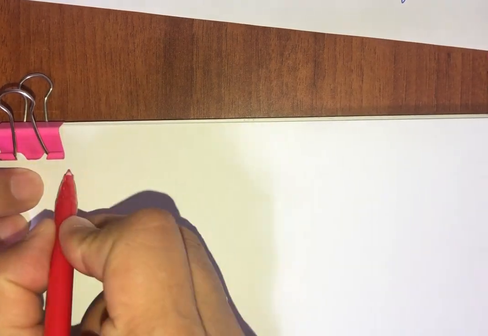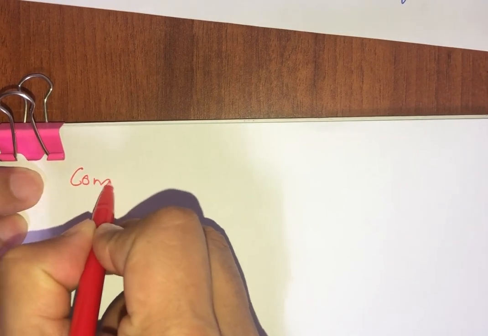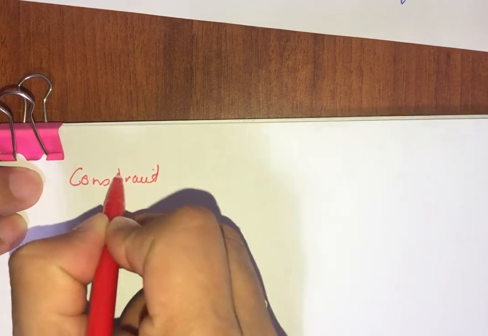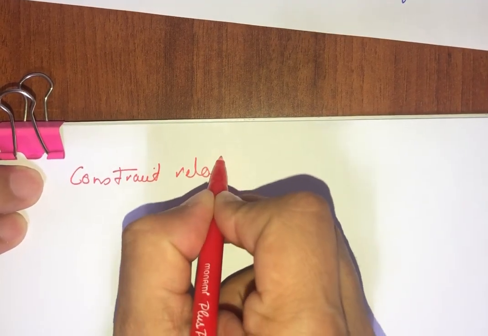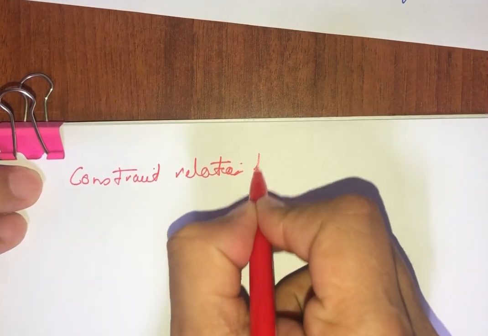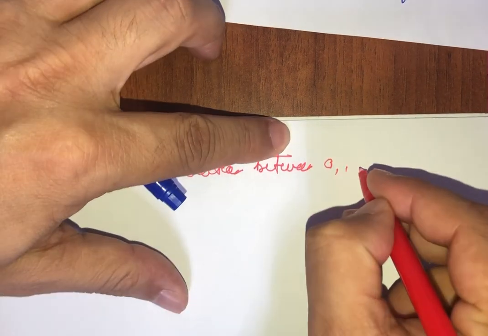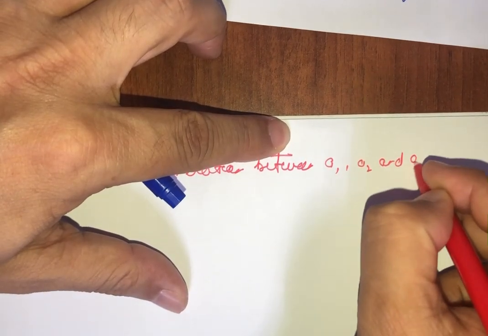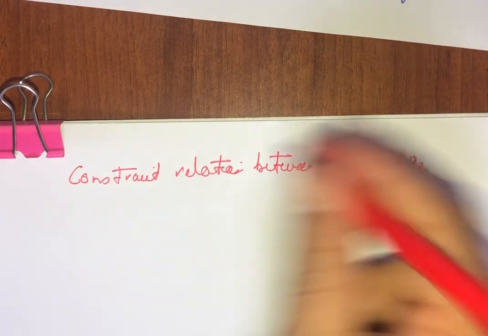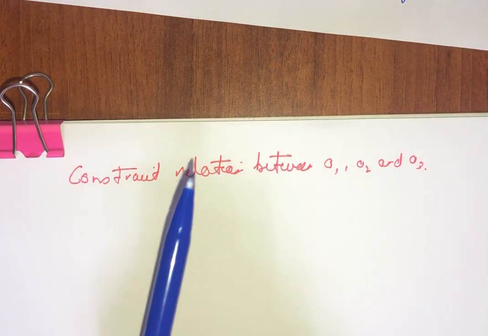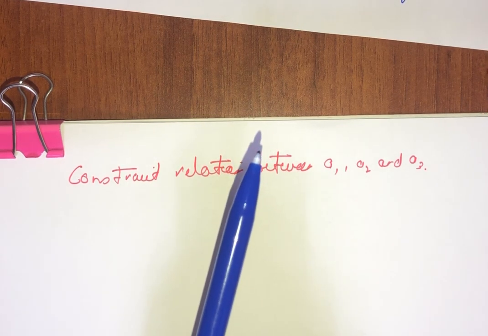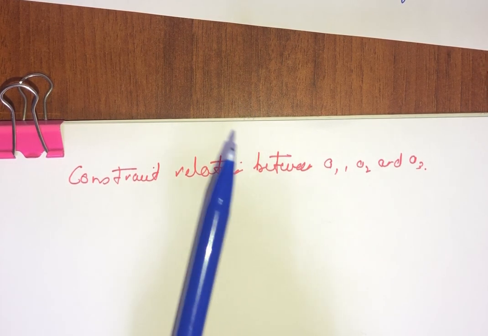Next we are going to find out the constraint relationship between all the accelerations, the constraint relation between a1, a2 and a3. Now m1 is connected to m2, okay, and m2 is connected with the help of the string with m3.